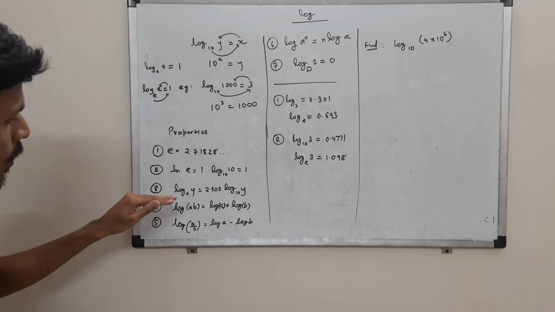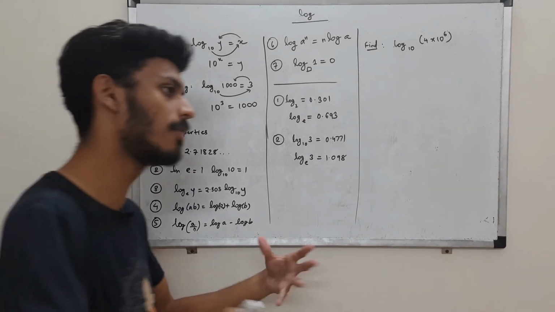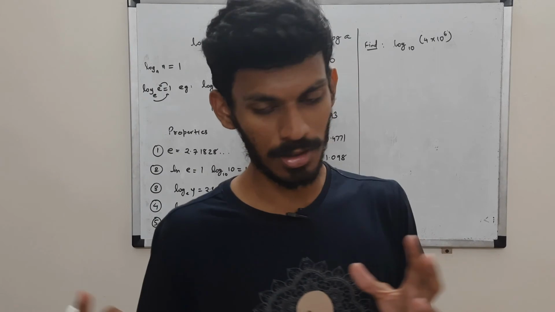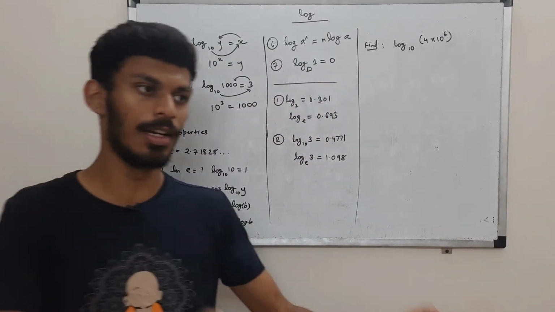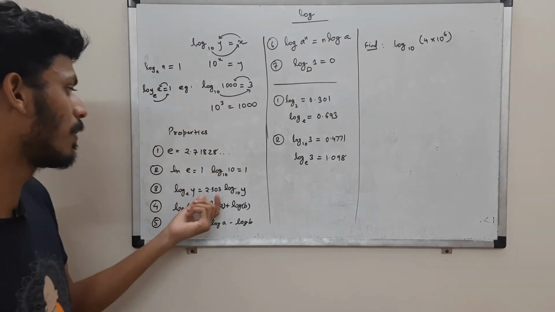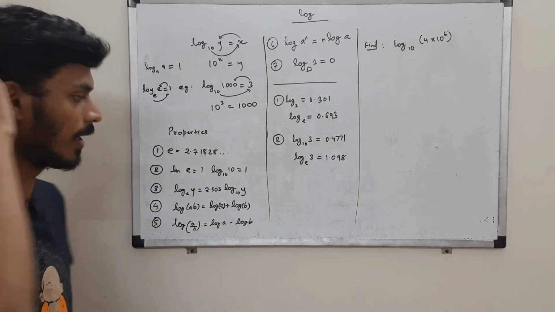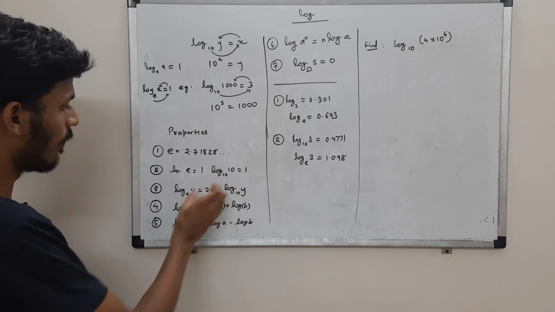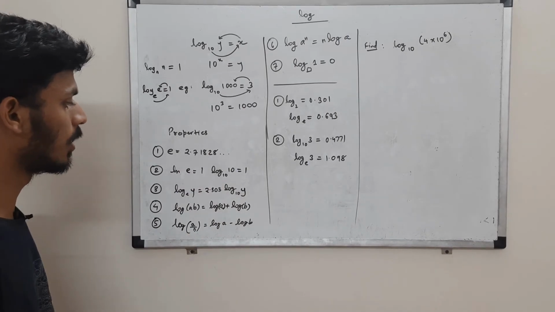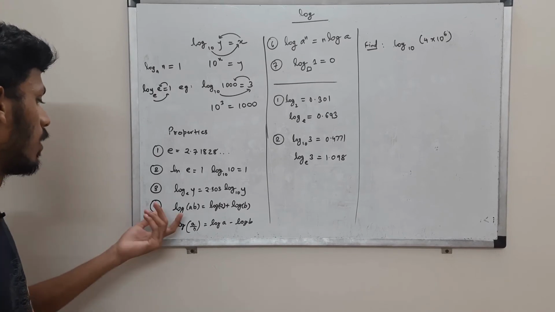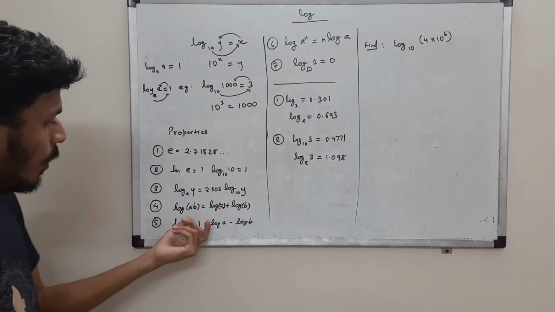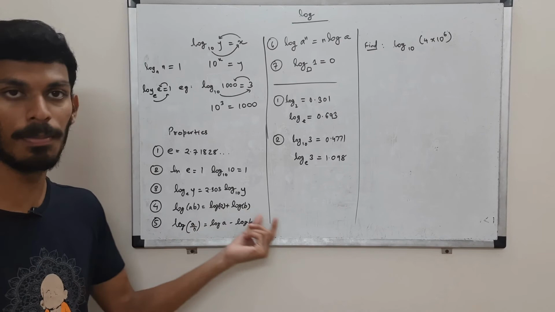Then if you have a log to the base e and you want to convert it into log to the base 10, you have to multiply by 2.303. Then we have log of a into b, which can be written as log of a plus log of b.